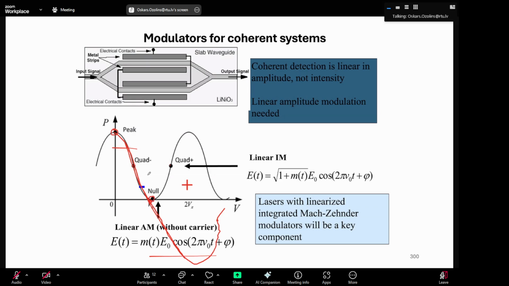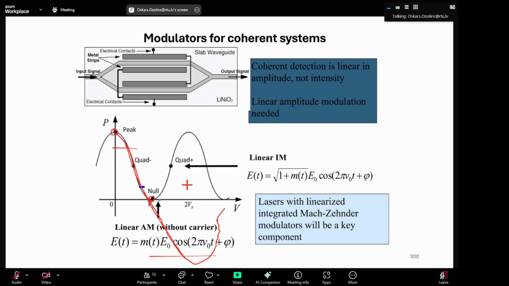So in typical IMDD systems, you care about the quadrature point where you have the most linear regime. In IQ modulation, you have to go to zero, the null point in power. Then you know that you are in the middle for the amplitude.